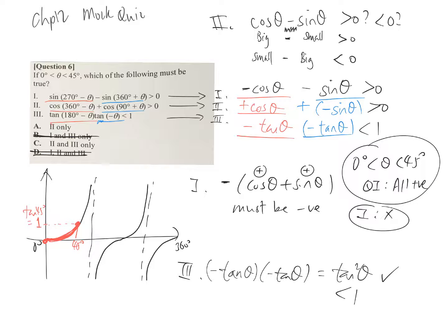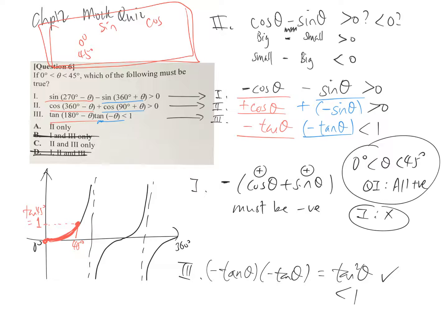So this question is asking which is bigger, cosine or sine, from 0 degree to 45 degree. I write sine and cosine for 0 degree and 45 degree.